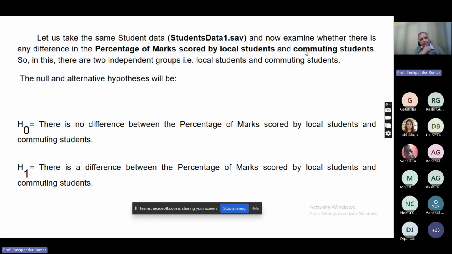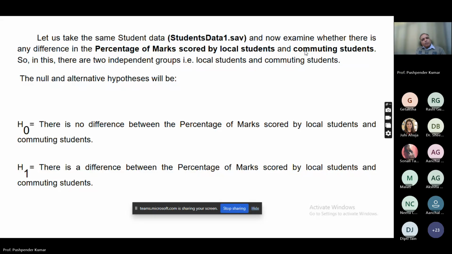Both are different and independent of each other, right? I want to see whether there is any significant difference between the percentage of marks scored by local and commuting students. And what would be the null? There is no difference between the percentage of marks scored by local students and commuting students.